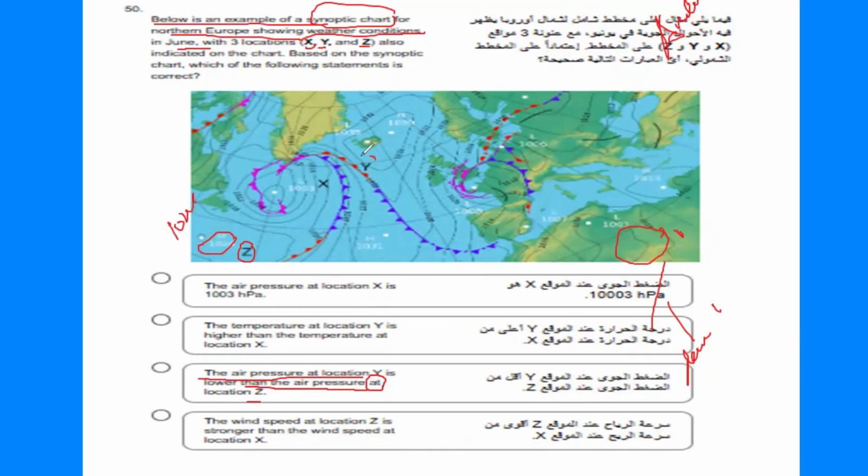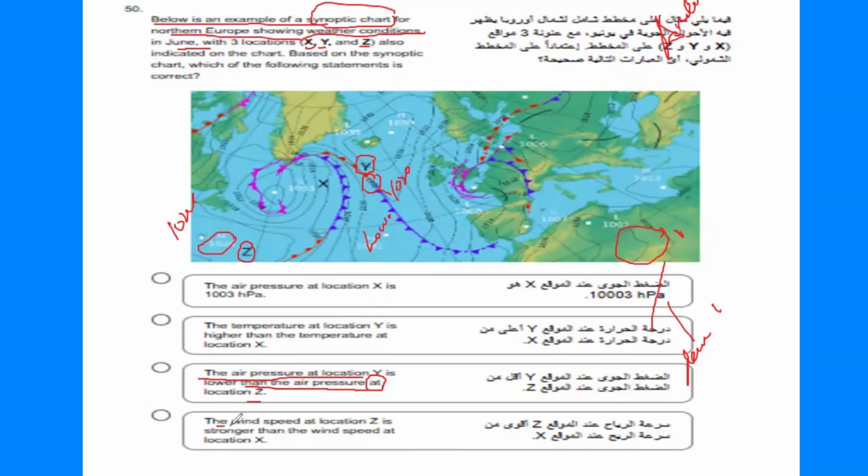And we agreed that this isobar is what? 1020, right? So if you compare 1024 and 1020, it seems lower. One conclusion we draw.